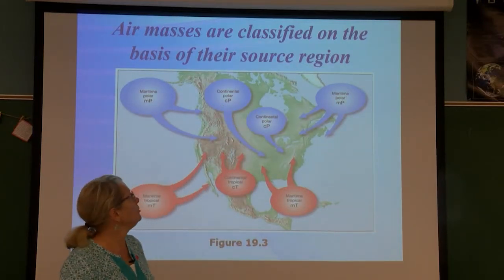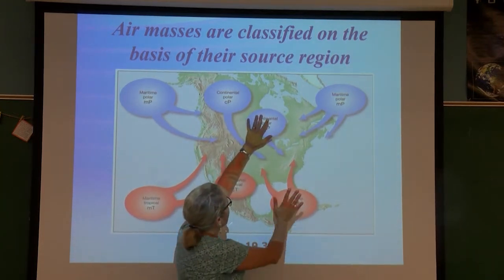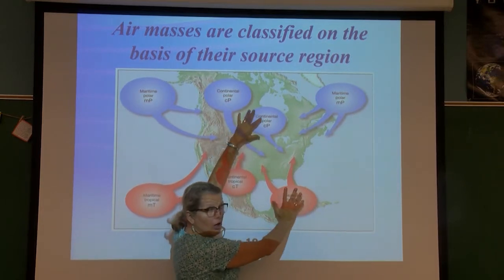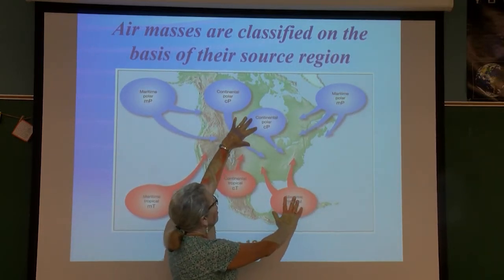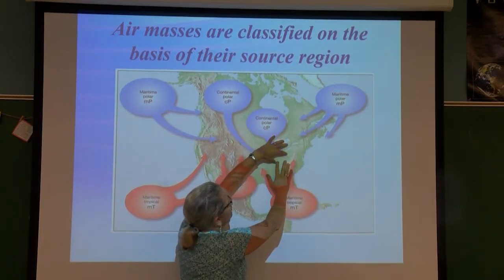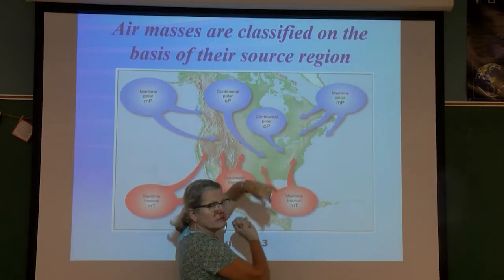Now, what does that have to do with us? Typically, our weather is caused when this warm, moist air from the south and this cold, dry air from the north meet. That would be a front.